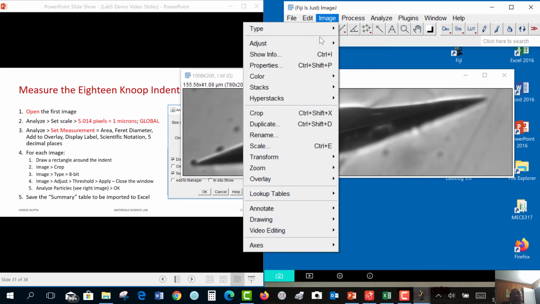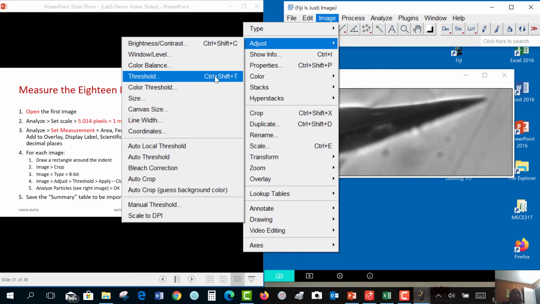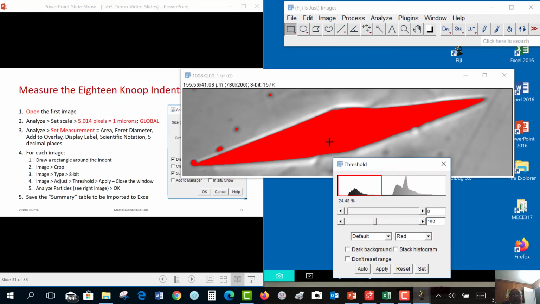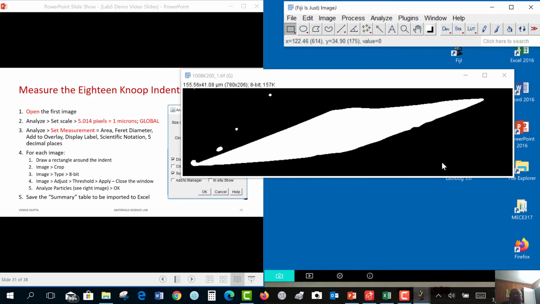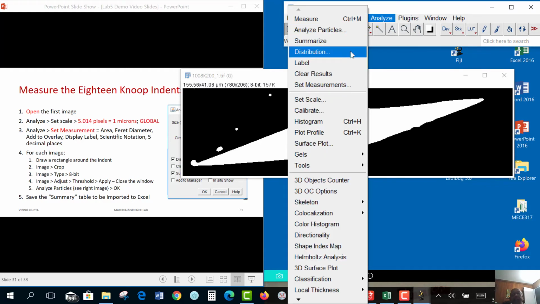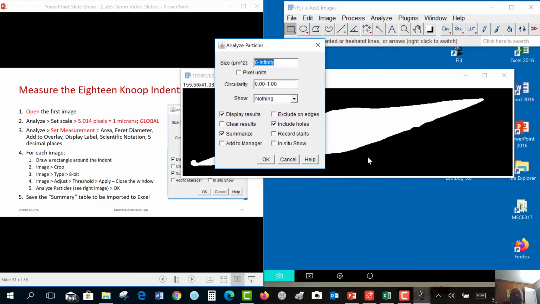Then I'm going to threshold it. The computer does a pretty good job of choosing an automatic threshold. So I'm going to apply it, close this window, and then I'm going to analyze particles.